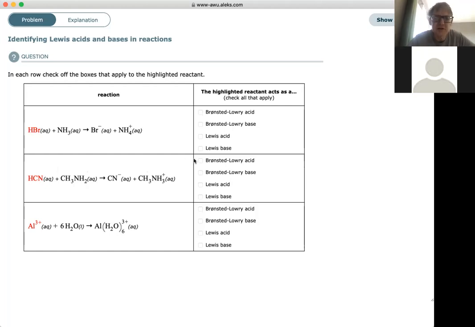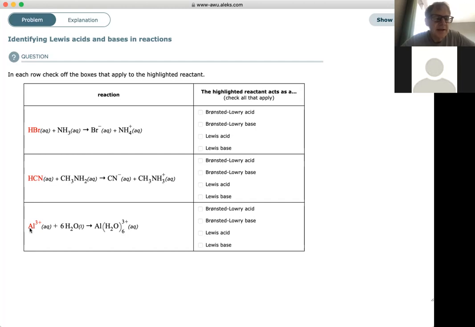It's an H plus. So that's definitely a Bronsted acid. The HCN is donating the H plus. But again, there's a new bond over here. The nitrogen was bonded to 2 hydrogens. Now it's bonded to 3 hydrogens. So that means that it's a new bond. So we are now talking again about a Lewis acid and a Lewis base. Okay, so both of them.